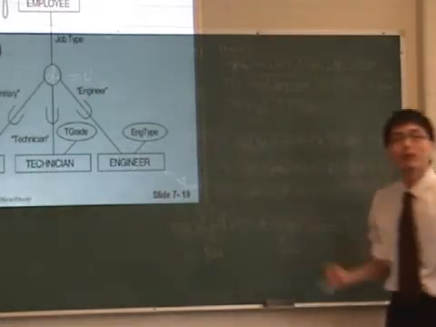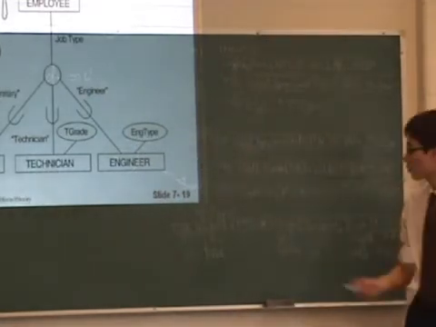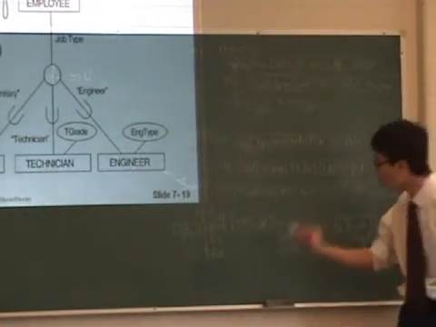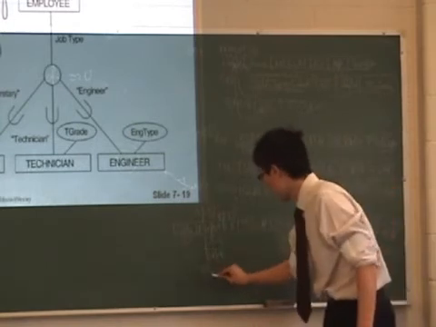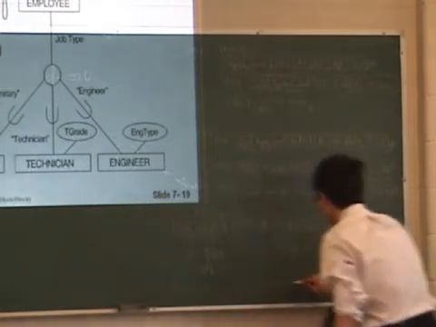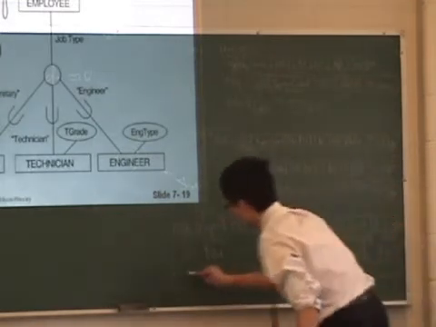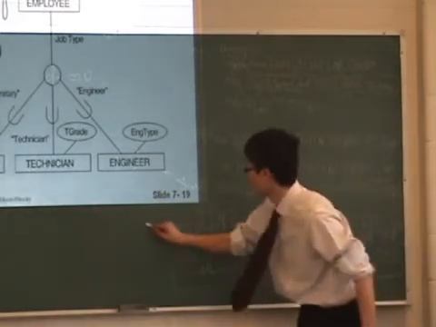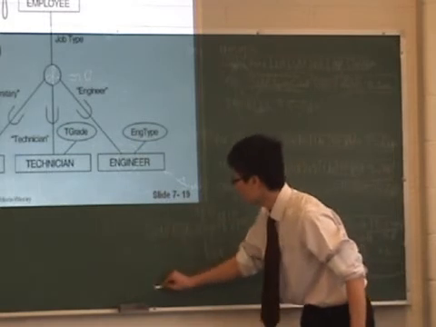Overlap cannot use this option. So in the fourth option, the last option, we will create one relation with employee. This is employee. This is employee.